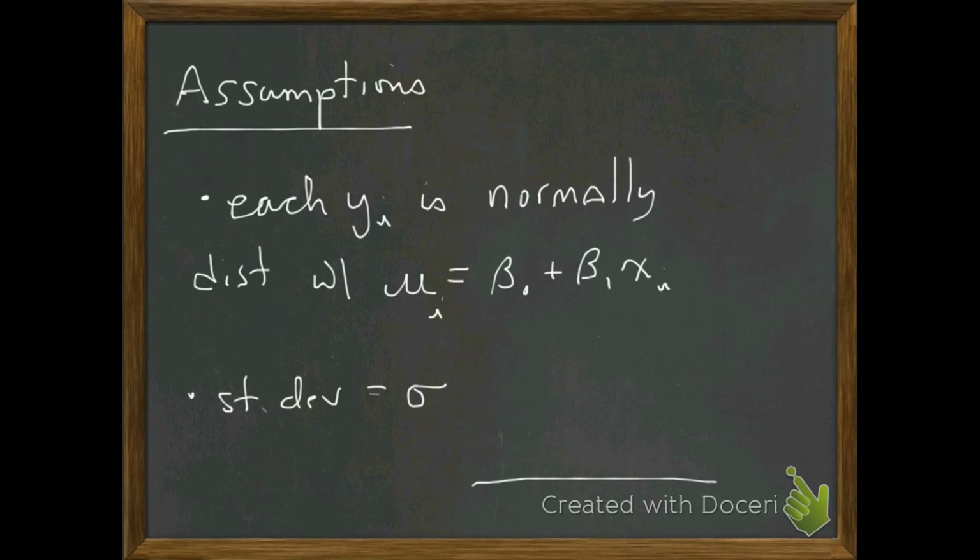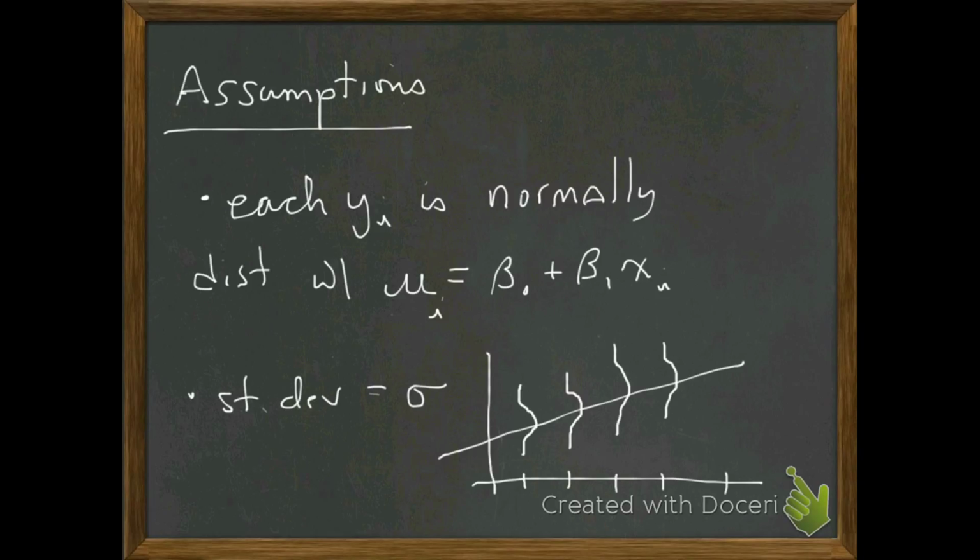So for each y sub i, again we have these different levels, and we predict with our model. Please forgive me for the ugly drawings, but these things are crazy to draw.